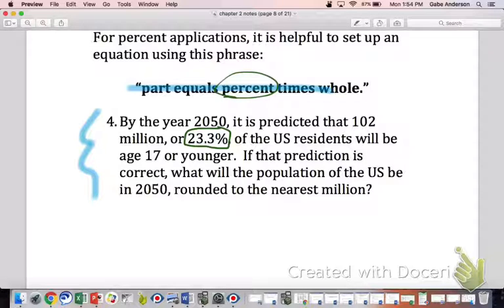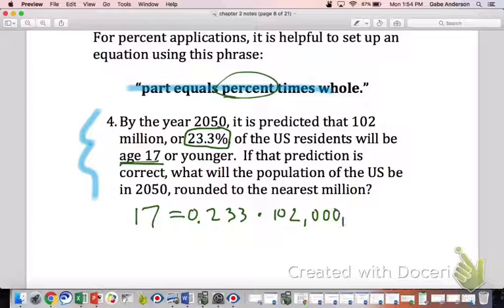What's the part of the information? What's the whole thing? Grace, what do you think? I think the part is 17. So that's an age, right? Yeah. Okay, so I should write part 17 equals percent would be 0.233. And then the whole is 102 million.